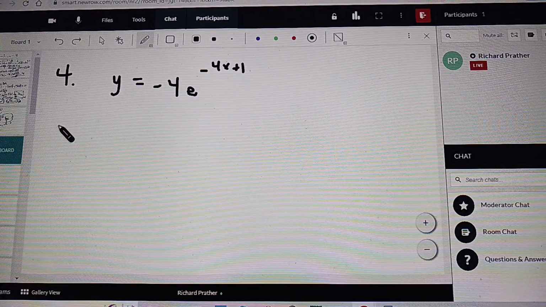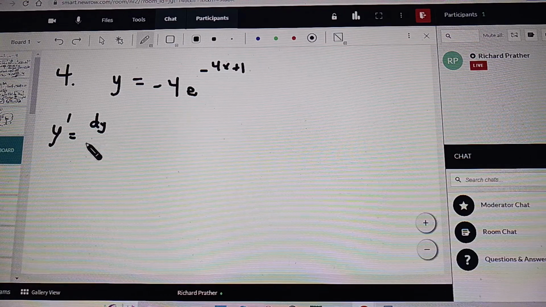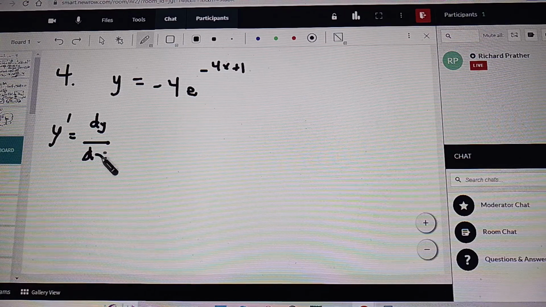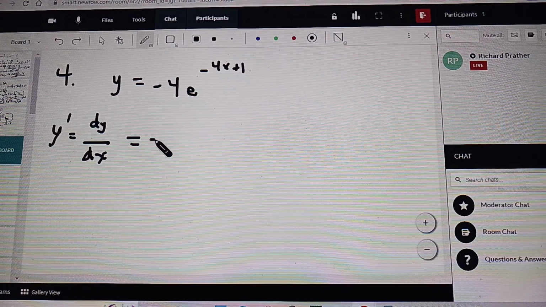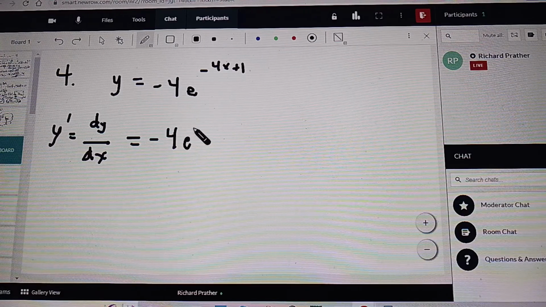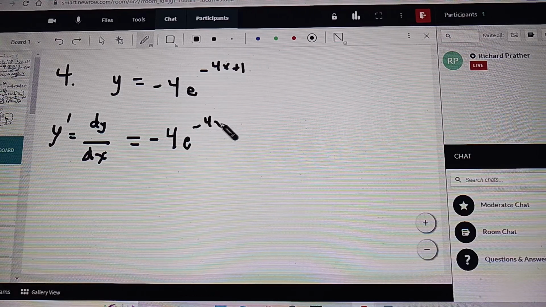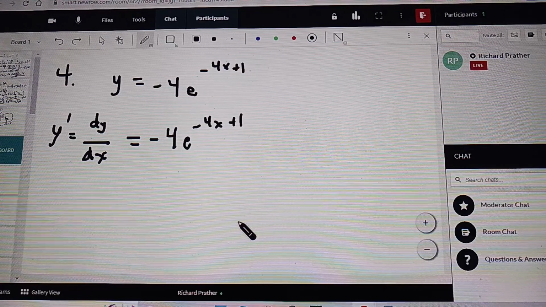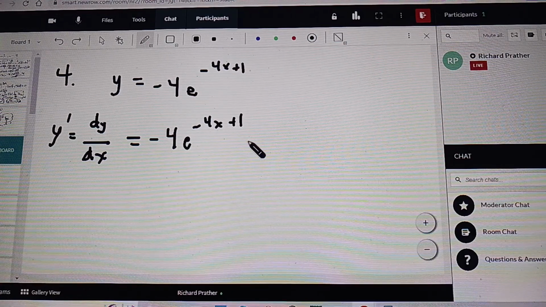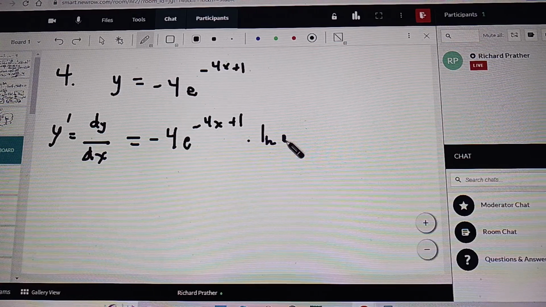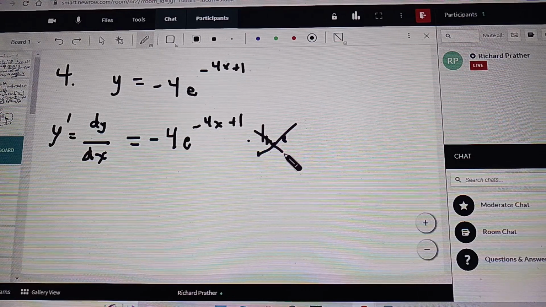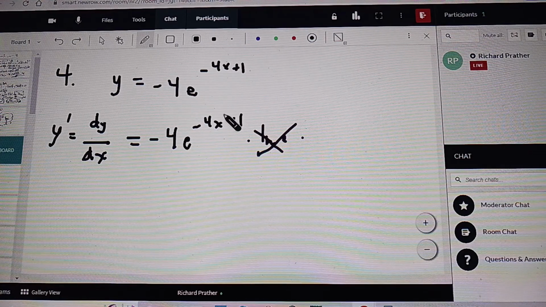So I'm going to write either y prime or maybe dy over dx. Those are synonymous. Always rewrite it exactly like it looks first, no matter what exponential you have. That's always there no matter what. Then there's technically an ln of e, which will cancel out since we have other stuff. And then the derivative of the exponent matters.